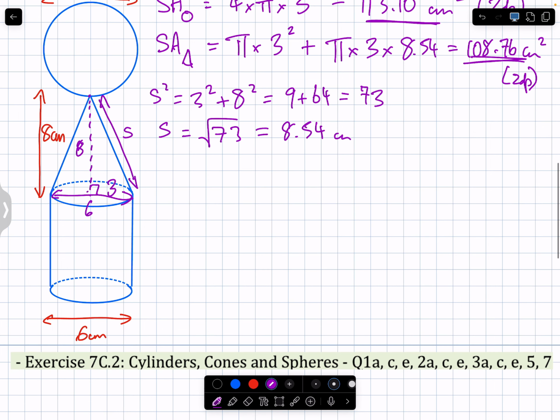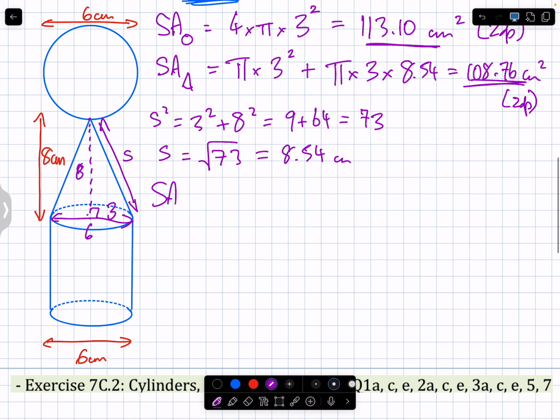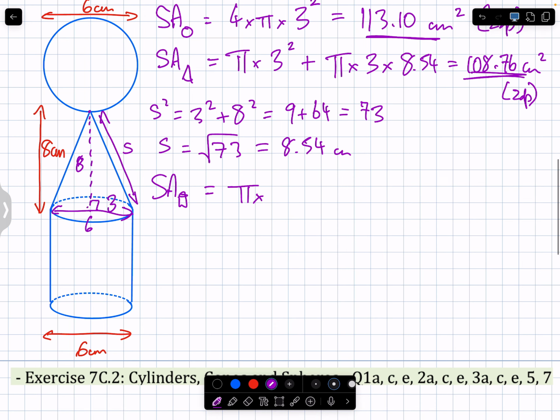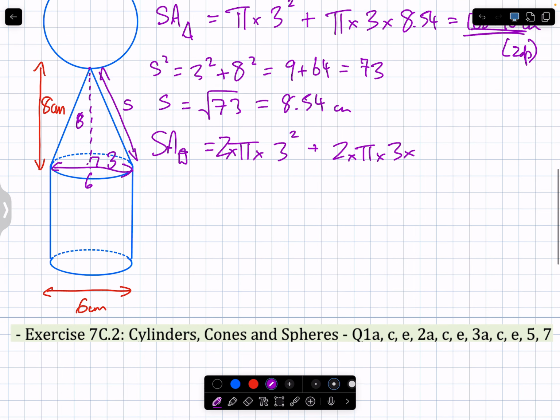And then lastly, cylinder, surface area of the cylinder, pi times... What's the radius of the cylinder going to be? 3 squared. But there's 2 of those, so 2 times pi, because there's 2 circles, plus 2 times pi times r, which is 3, times the depth of it. I haven't given you a depth of that.